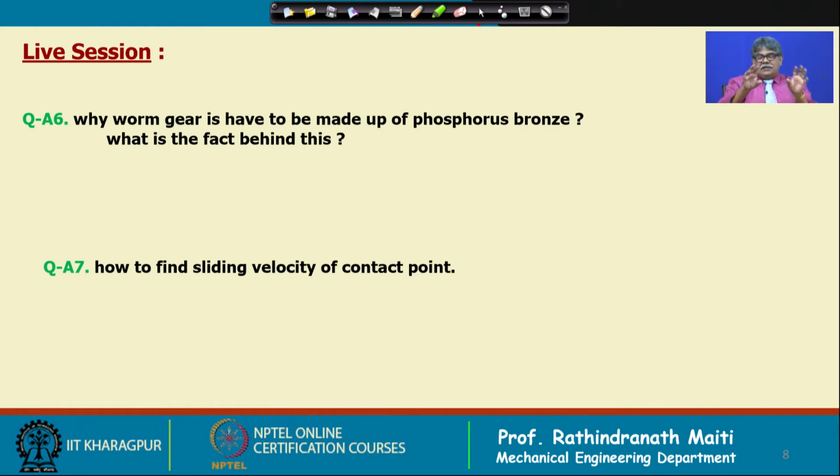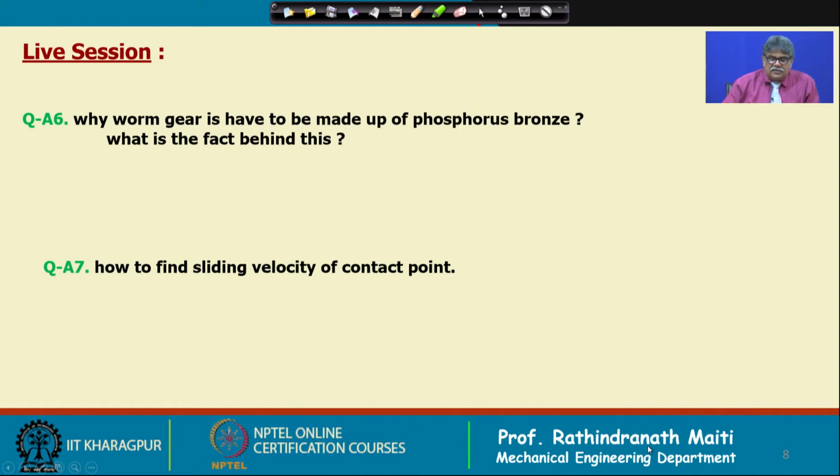And another thing, if you notice that these teeth are curved, you can see the picture which I have shown. This means that it is going for larger contact. That means load will be distributed over the worm wheel teeth. With a steel worm wheel, obviously the size will be less, but with phosphorus bronze it will be all right.